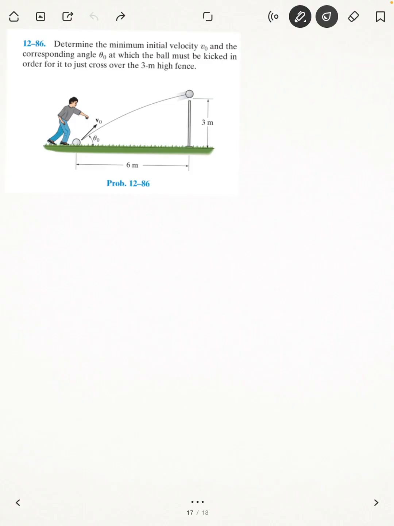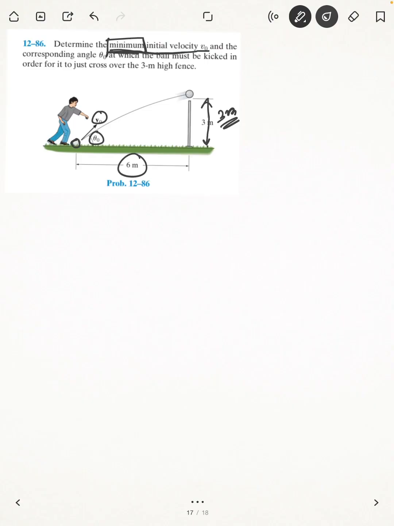You are given a ball that he is going to kick at an initial velocity v naught and at initial angle theta naught, so that it can just cross over this 3 meter fence, and the horizontal distance that it travels is 6 meters. You're asked to determine the minimum initial velocity v naught. The keyword is basically the minimum.